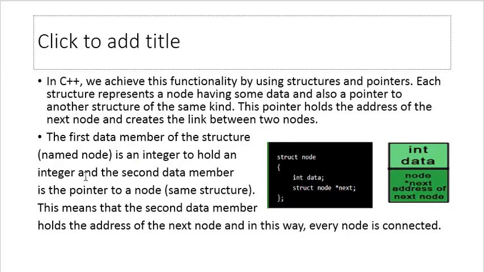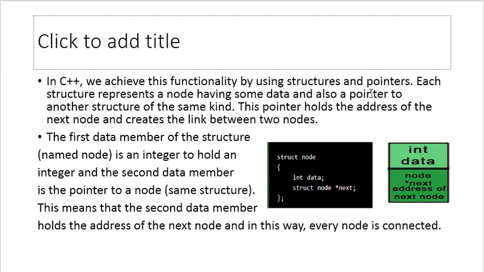So in C++ we achieve this functionality by using structures and pointers. For implementing the linked list you will use structures and pointers. Each structure represents a node. You will need a structure for representing a node having some data and also a pointer.